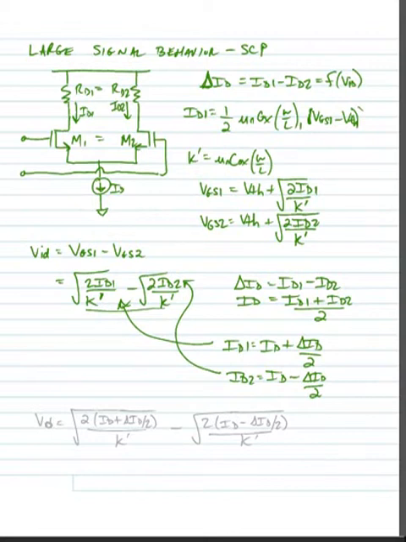And if we make that substitution, we could write that VID is equal to the square root of 2 times (ID plus delta ID over 2) divided by K prime, minus the square root of 2 times (ID minus delta ID over 2) divided by K prime.